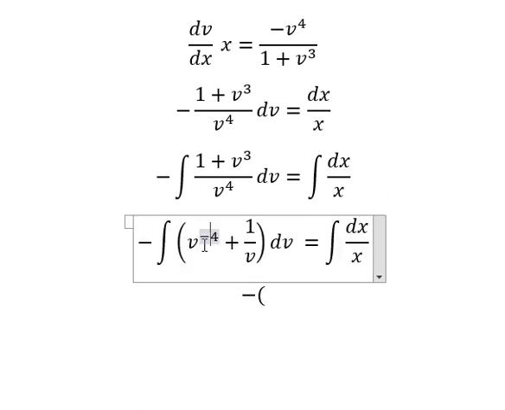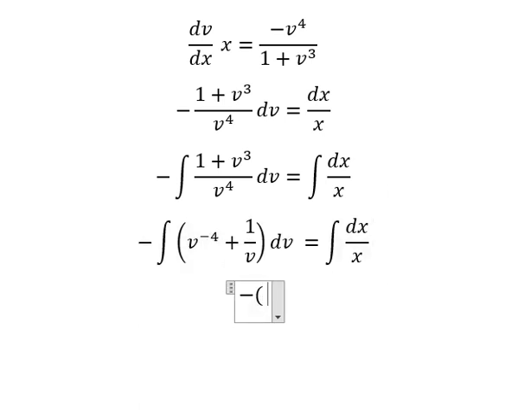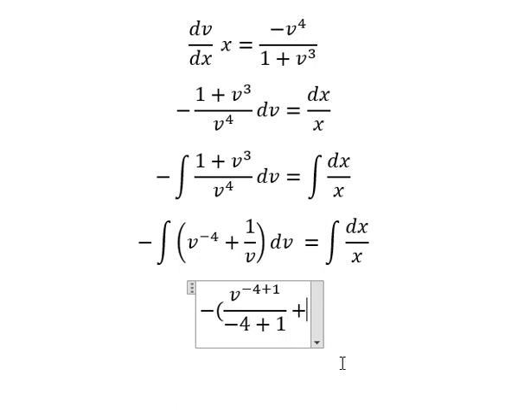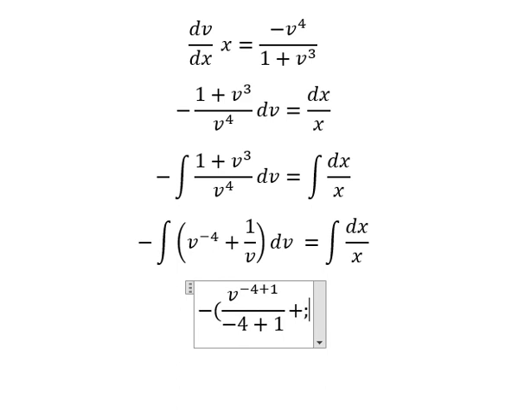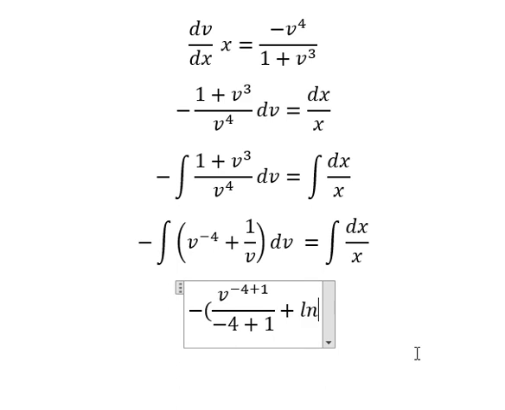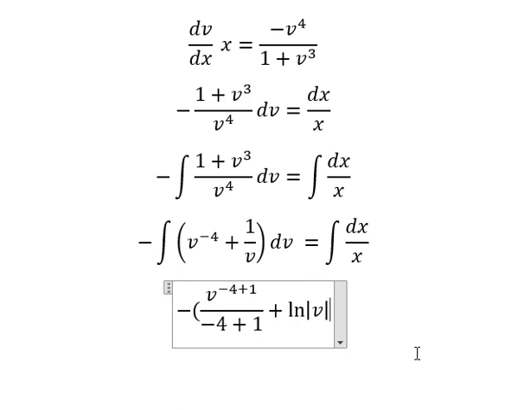The integration of this one, we have v to the power of negative 4 plus 1 over negative 4 plus 1. The next one, that is about ln of the absolute value of v.